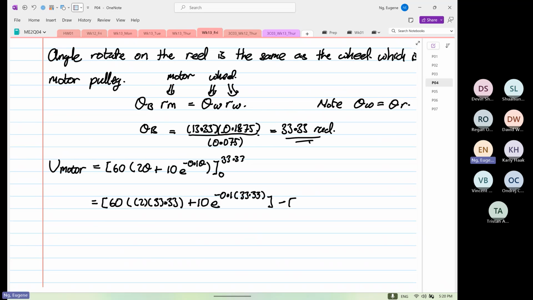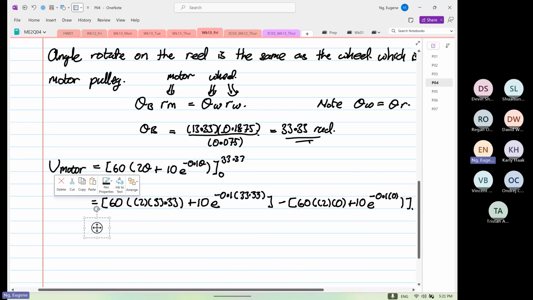Then we have to minus 60. I know this is 2 and this is 0 is fine. The problem comes to here. Are we clear? Because e to the power 0 is equal to what? 1. Right?